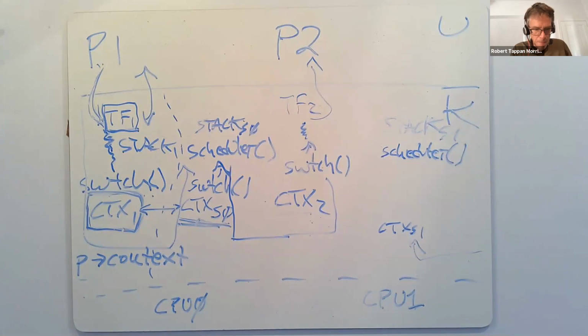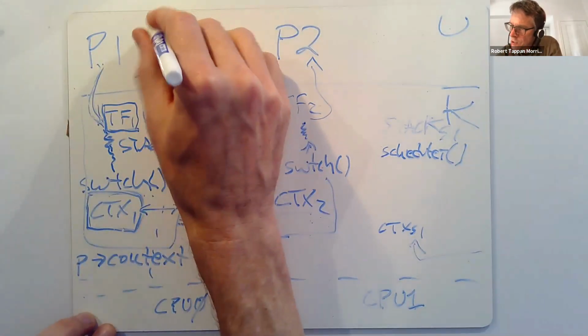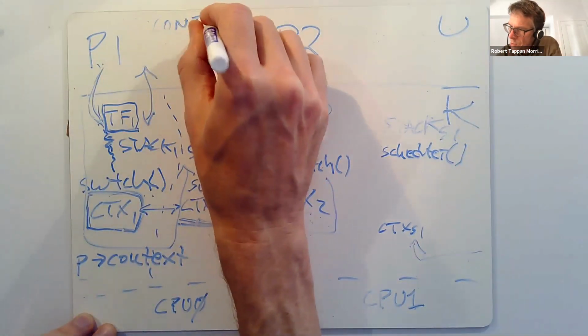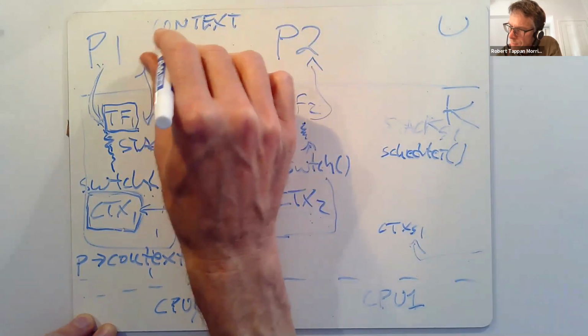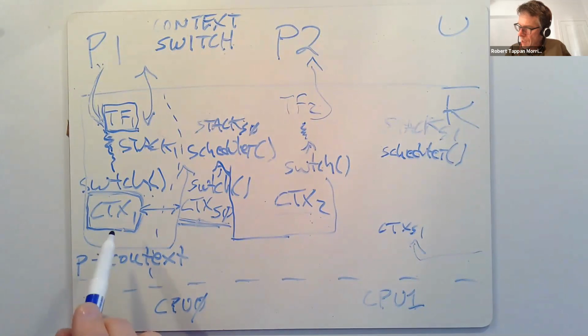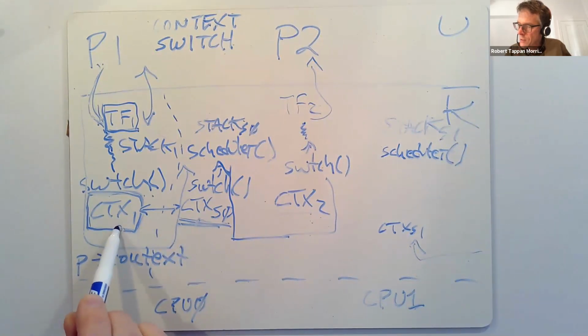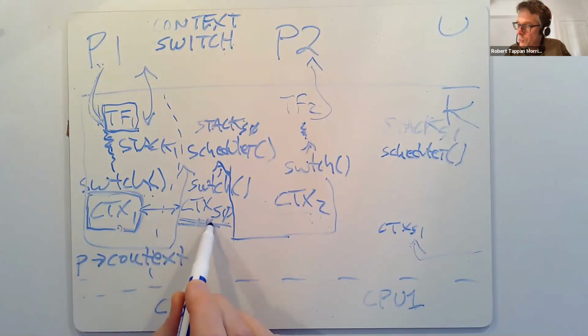Okay. One piece of jargon: when people talk about context switch, they're usually talking about this act of switching from one thread to another by saving one set of registers for the old thread and restoring previously saved registers for the thread we're switching to.